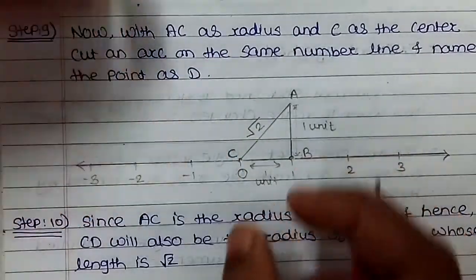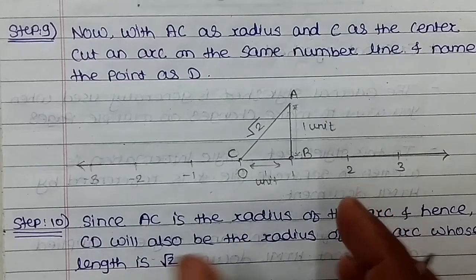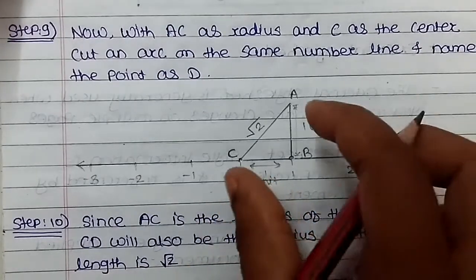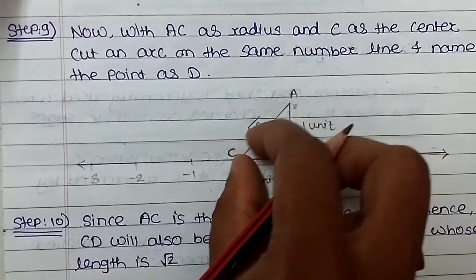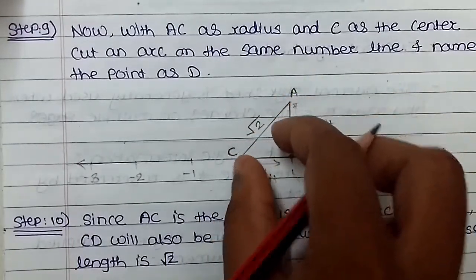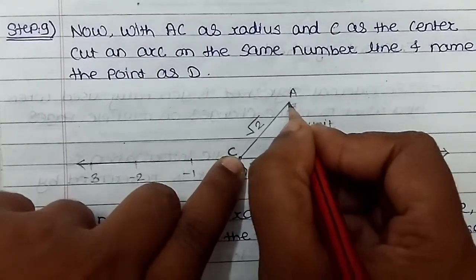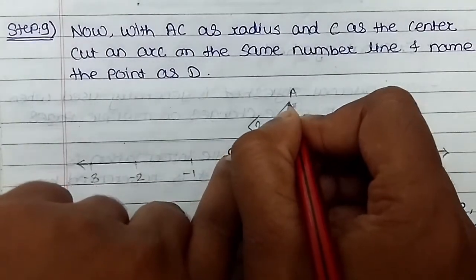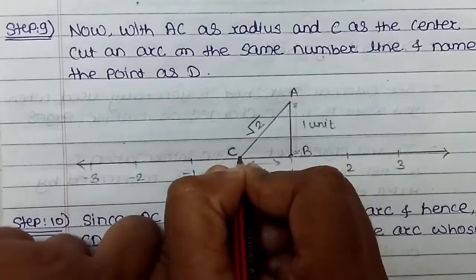Okay, listen. You have a compass. Then take the distance in compass. Like this one. Means radius of this circle is AC. That means you have to put one point of your compass here and another pencil point here, and take this distance, and C is the center of circle.